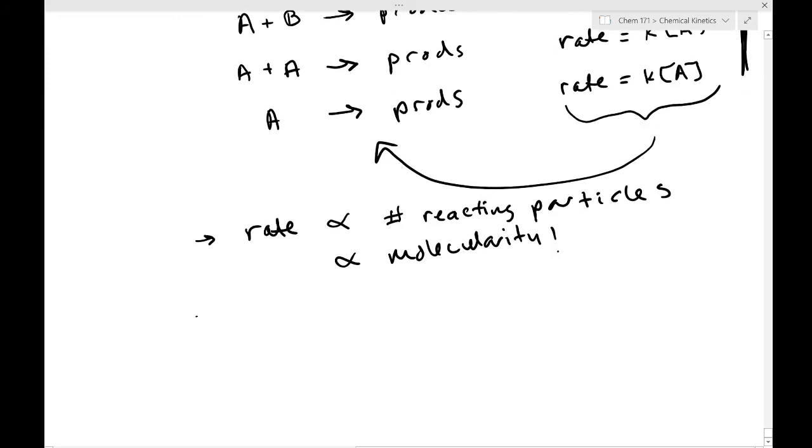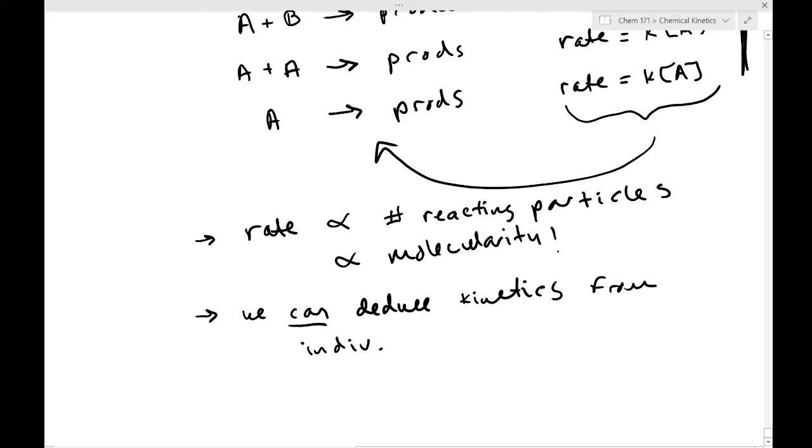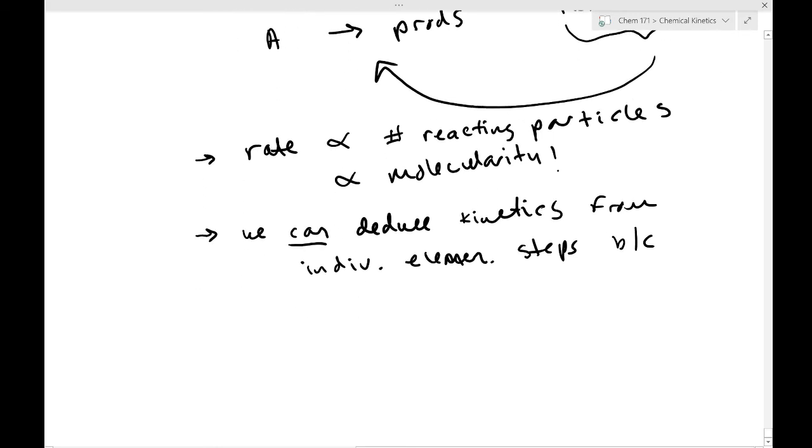And just to reiterate, we can deduce kinetics from these individual elementary steps because they represent actual molecular collisions.